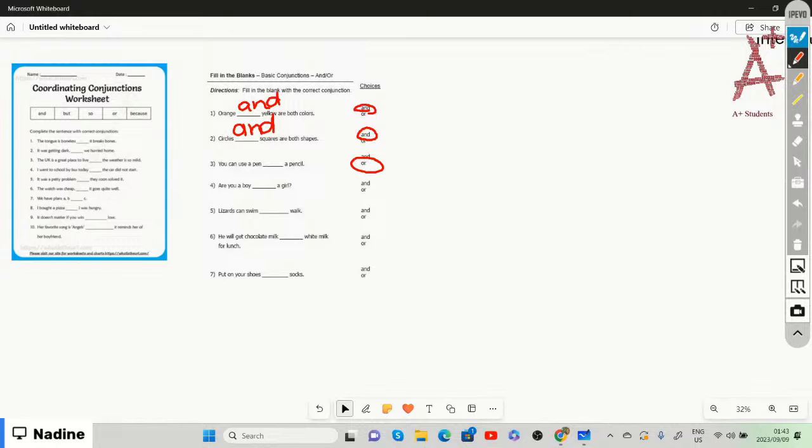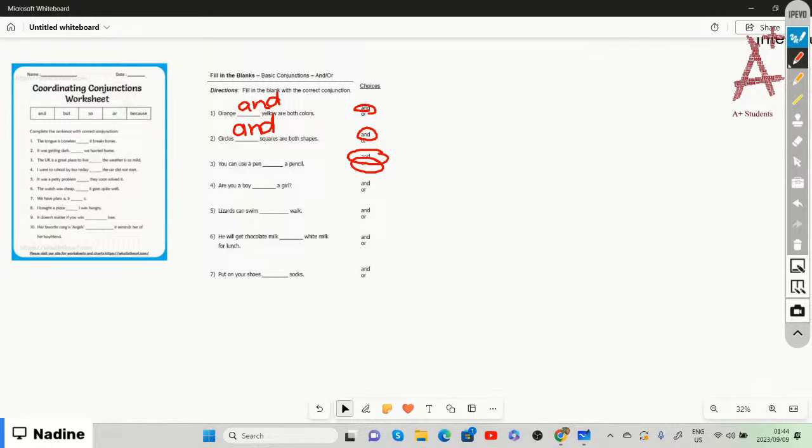So with this, that is why I say when it comes to our tutorial, the answers can be very tricky, right? Sometimes we'll think that it is or, sometimes we will think it is and, because it will depend on the content or the context of how it's being used.